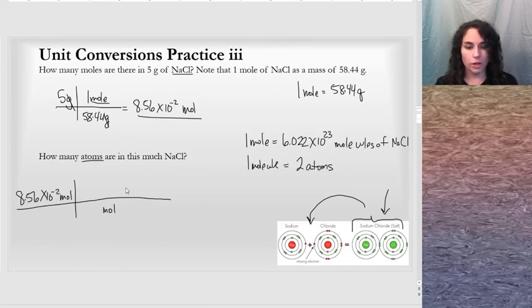So 1 mole is 6.022 times 10 to the 23rd molecules of salt. 1 molecule of salt, that's in the numerator now. I'm going to put 1 molecule in the denominator in order to get those to cancel, which means that 2 atoms goes on top. 1 molecule has 2 atoms. That's the conversion factor there.